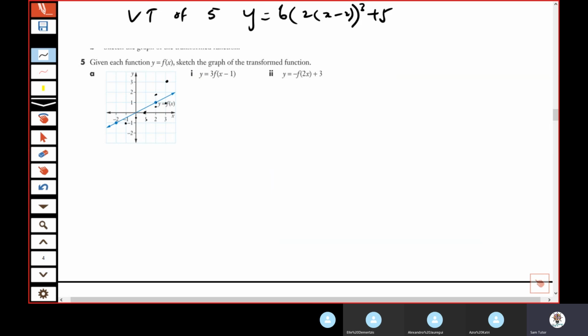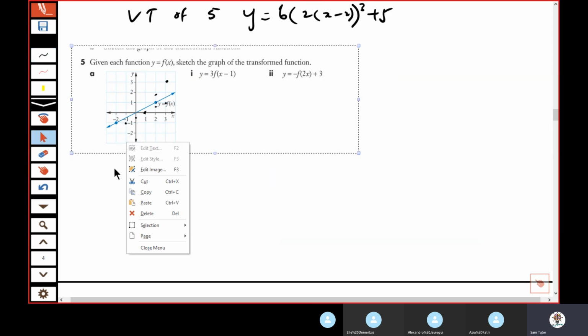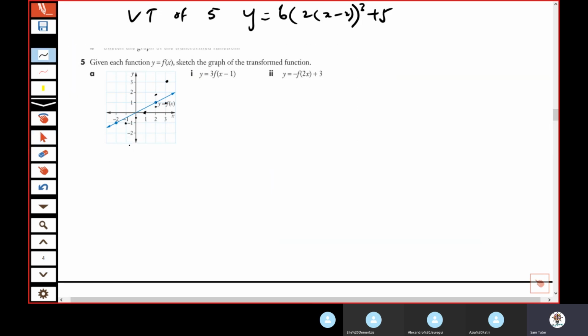Instead of it being at -1, it's going to be at -3. Really bad graph. Any questions there?